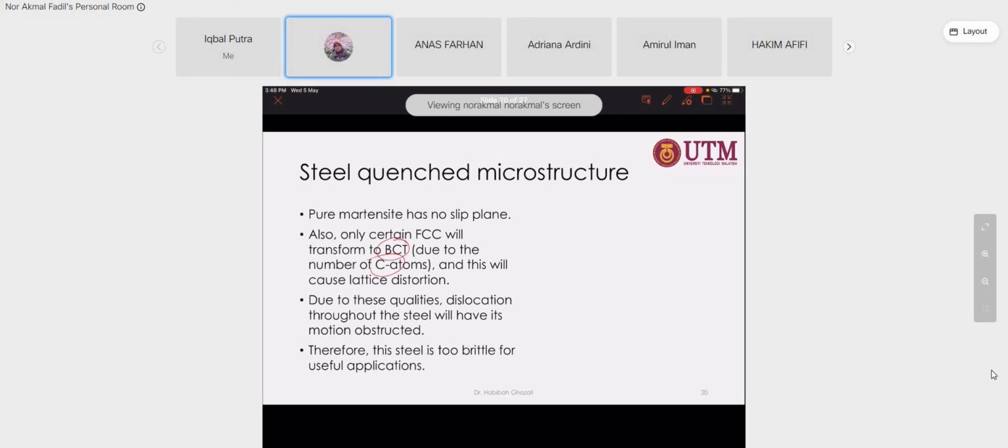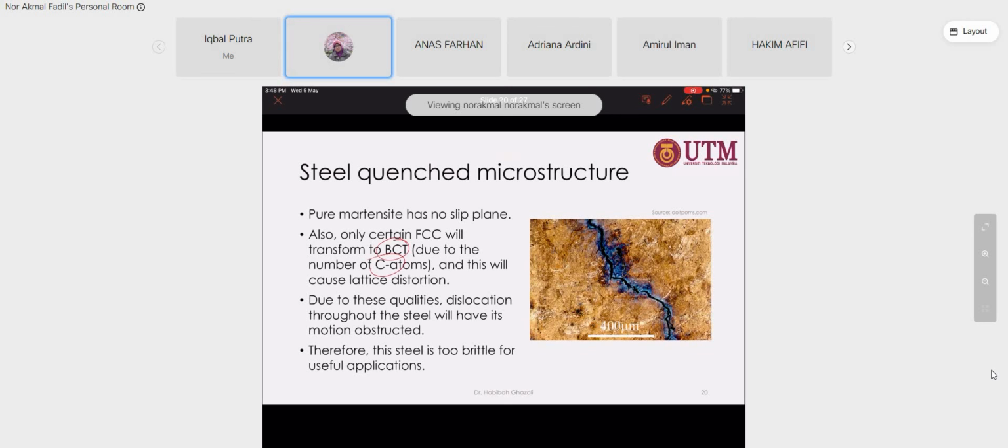Therefore this steel is too brittle for any application. We don't use martensite for any application. If you use it, you can easily find cracks everywhere. Okay, this is the crack. Nucleation of crack in the steel with martensite fracture. Because of the needle-like structure, there's so much stress concentration. Needle-like structure, stress concentration, very fragile, weak structure.